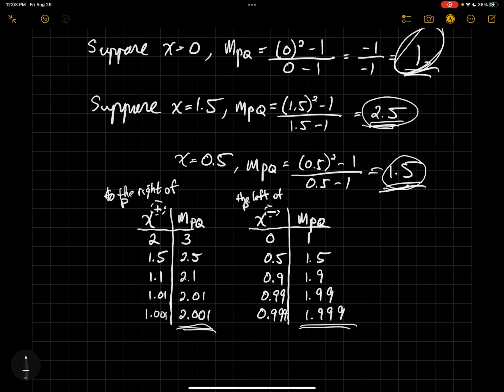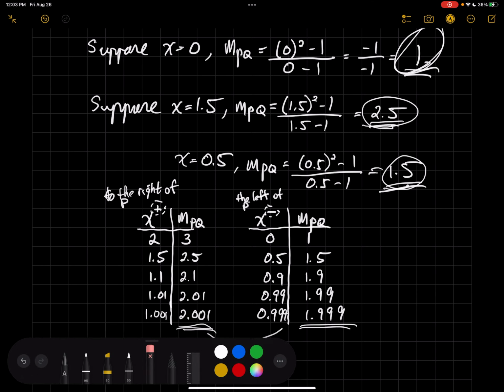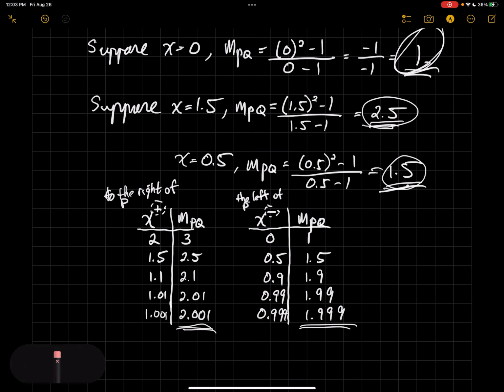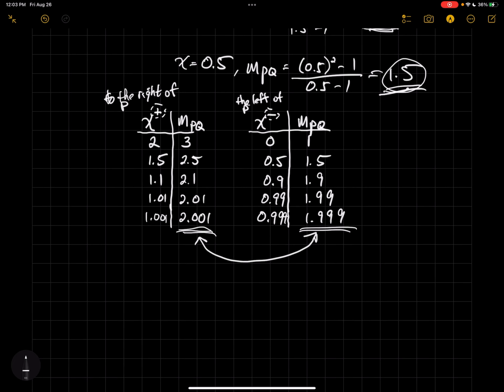And what further you see is that when we approach point P from either the right side or the left side, the slope of the secant line between P and Q is converging to the same value, right?